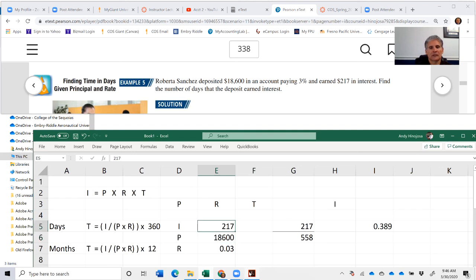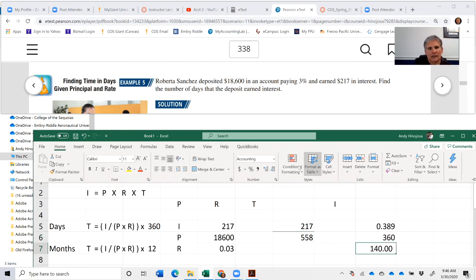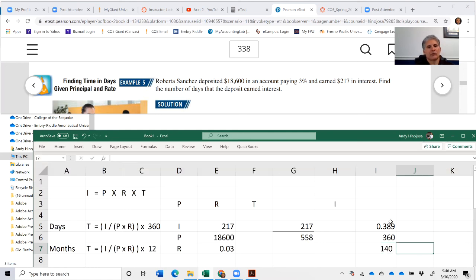So according to our formula, I is 217, and then we're going to multiply the P times the R, and that's going to give us 558. We take that divisor, and we end up with 0.389. To find the number of days, we take the 0.389 and multiply that by 360. And we come up with 140 days.